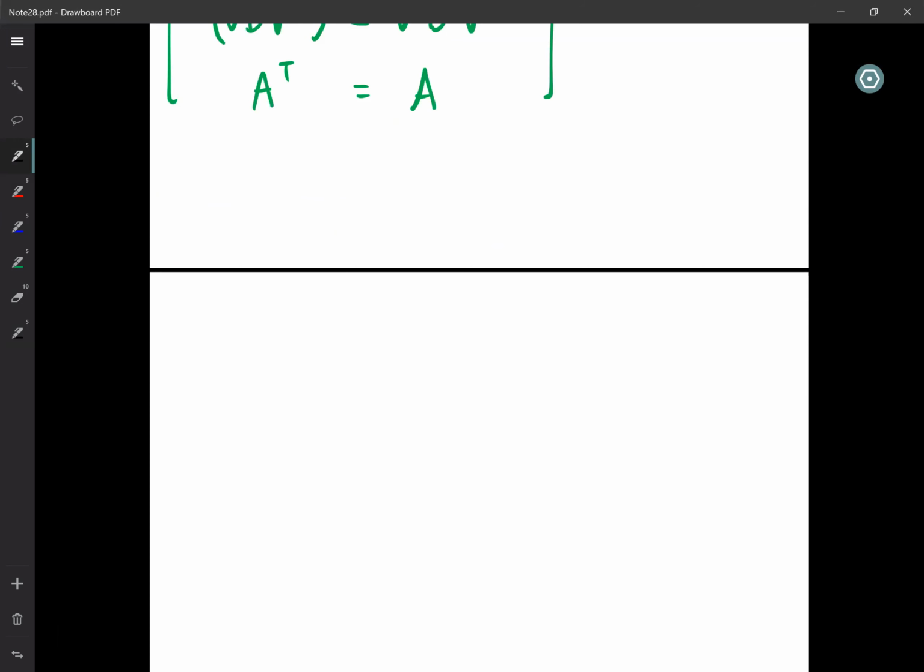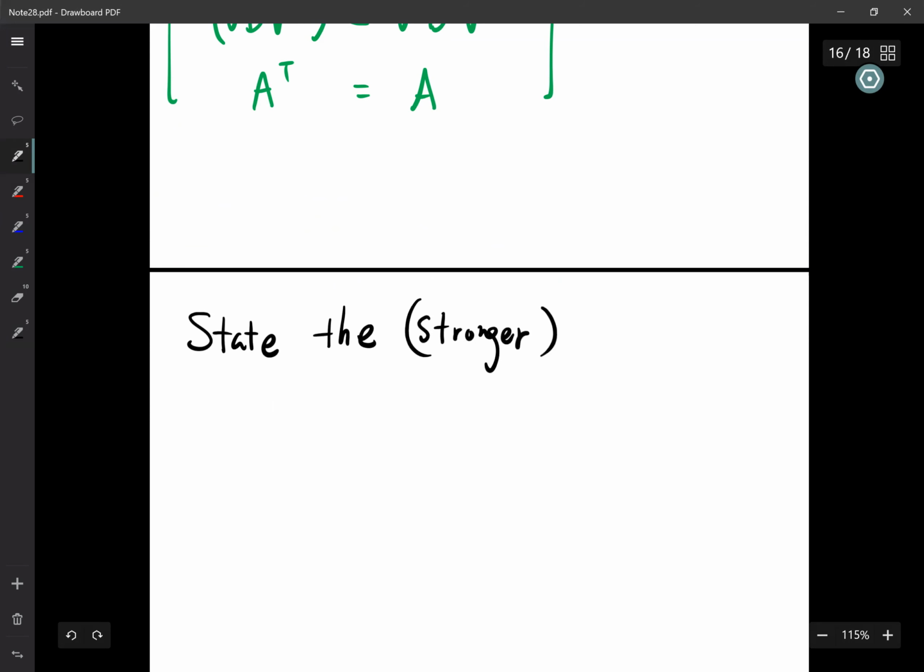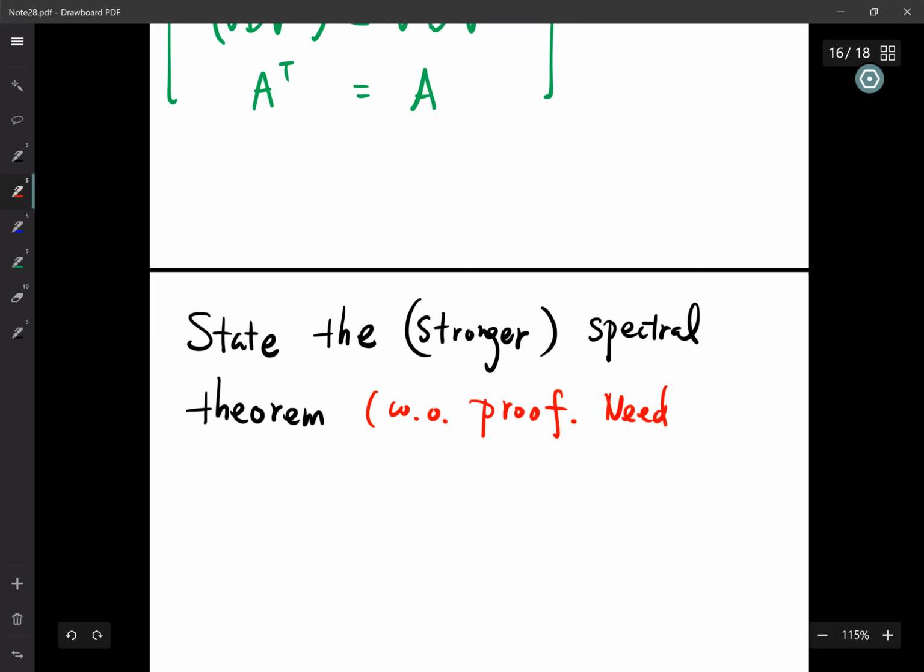So let me just state the stronger spectral theorem without proving it. If you are interested, you need Math 110.